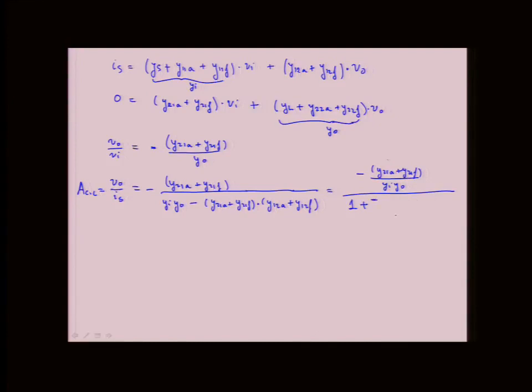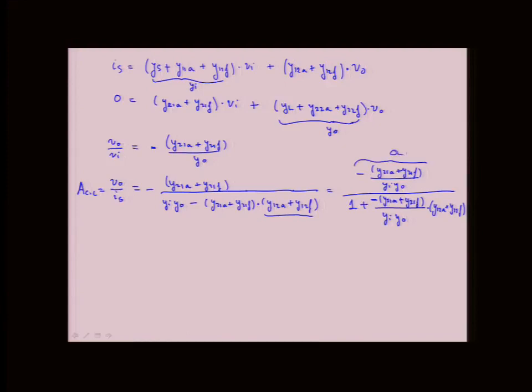So this will be the same expression as above, minus Y21A plus Y21F over YI0, and then times this piece over here, which is Y12A plus Y12F. Okay, so from here, you clearly see the form.